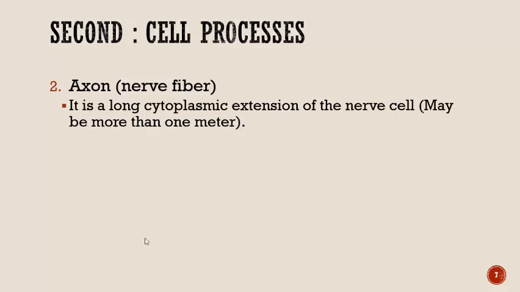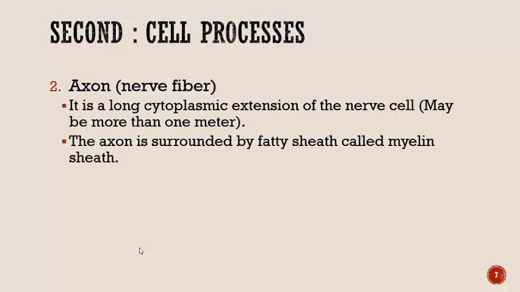It is a long cytoplasmic extension of the nerve cell, and it is very, very important to understand that the nerve fiber or the axon may extend more than 1 meter, and this axon is surrounded by a fatty sheath or fatty substance called the myelin sheath.